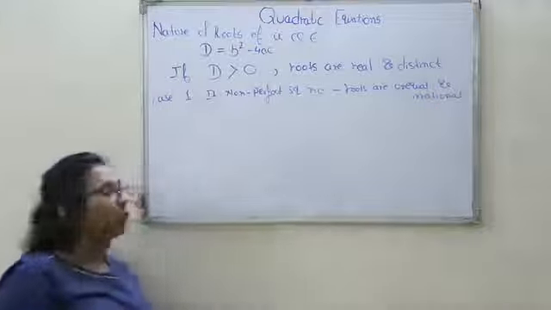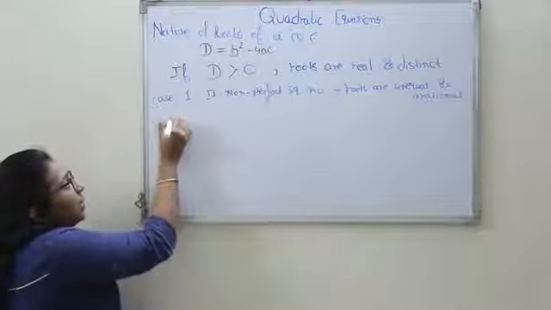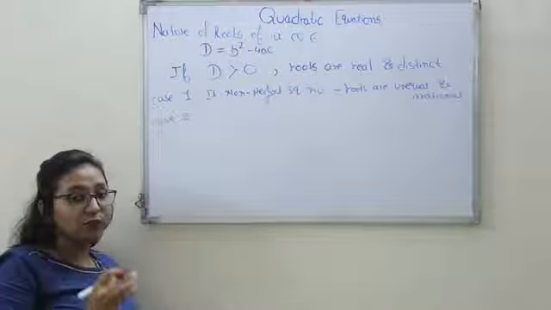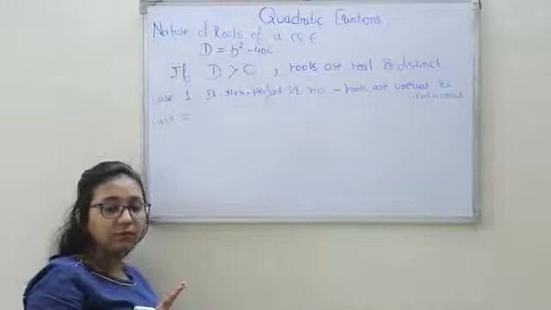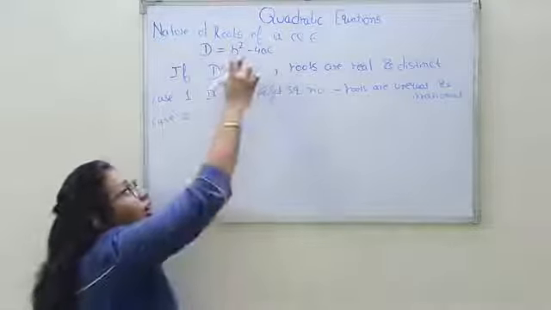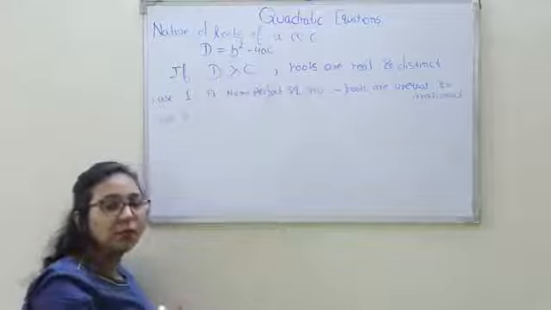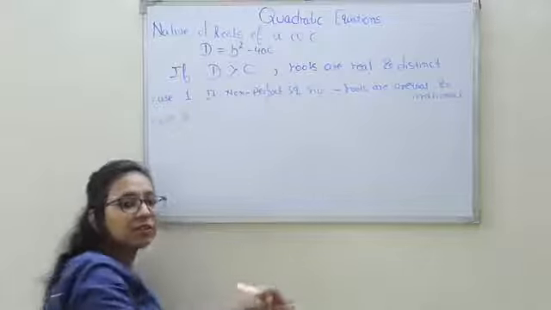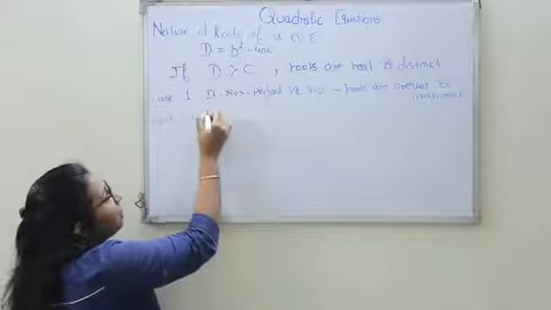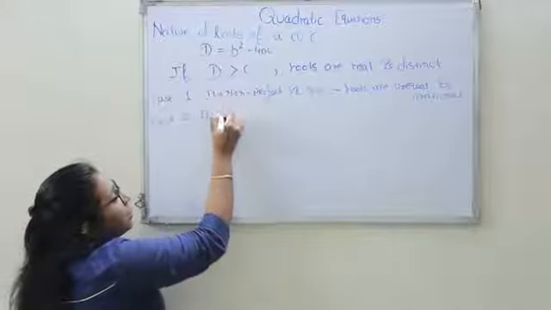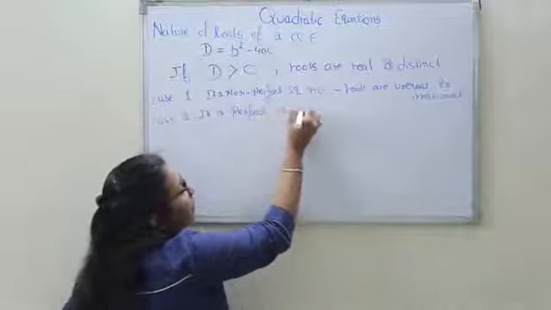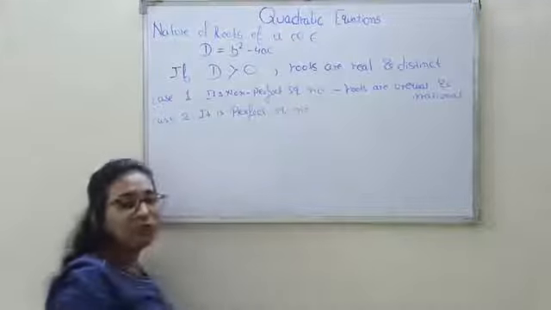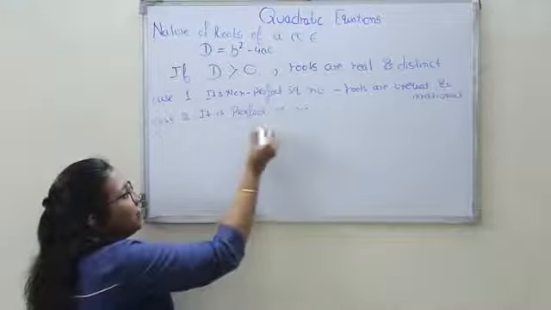And the other situation, case 2. Case 2 is again a little complicated. You have to listen carefully. If that positive number, that b square minus 4ac which you have got, is any positive number, and if that positive number is a perfect square, then in perfect square also there are two situations.